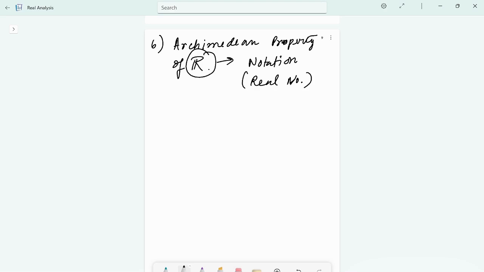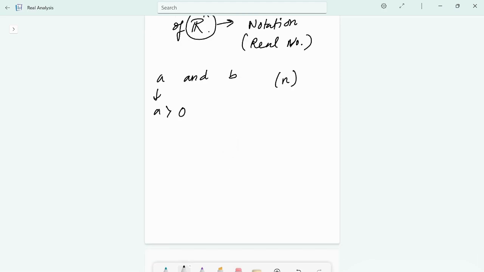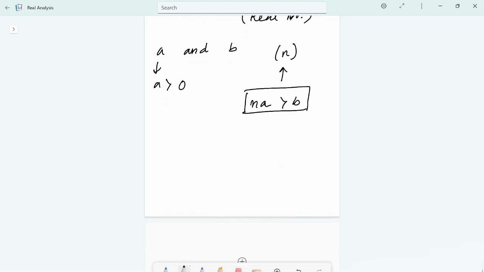Given any two real numbers, A and B, with A greater than 0, there exists a natural number n such that nA is greater than B. The meaning in simple terms is that no matter how big B is, if you keep adding A enough times, you will eventually cross B.